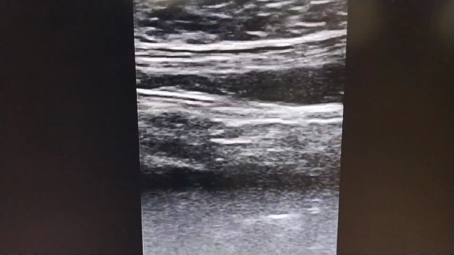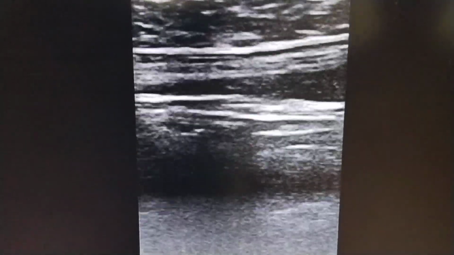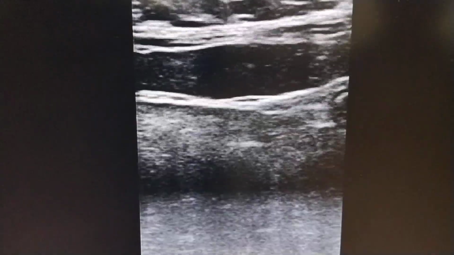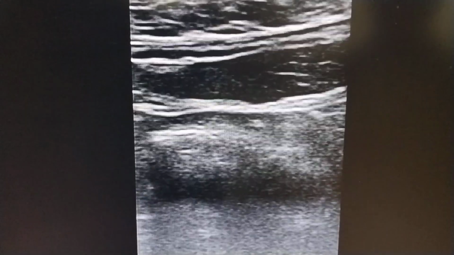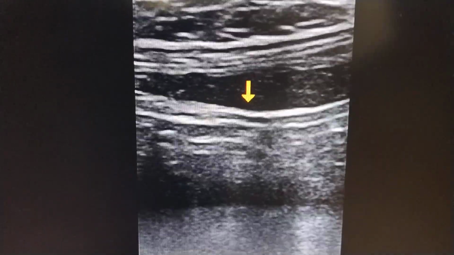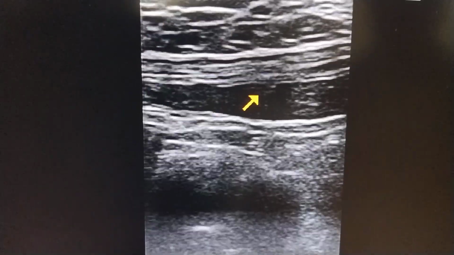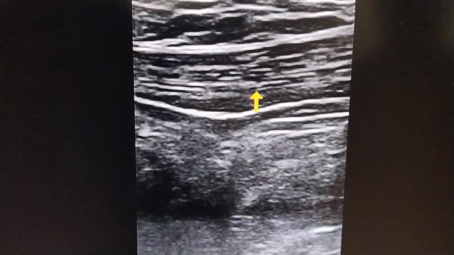I have placed the probe just below the umbilicus in the midline, and this is the muscle, the rectus abdominis muscle.